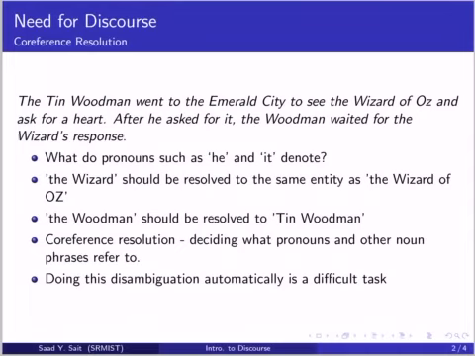So all these constitute co-reference resolution, which is deciding what pronouns and other noun phrases refer to. And for a computer, this is not a trivial task. It's a significantly difficult task. So co-reference resolution is one of the aspects that discourse addresses.